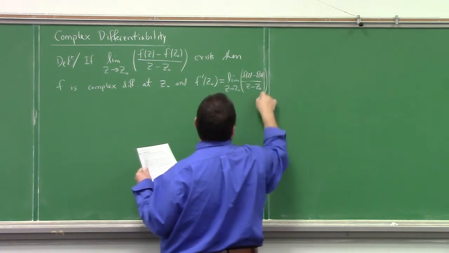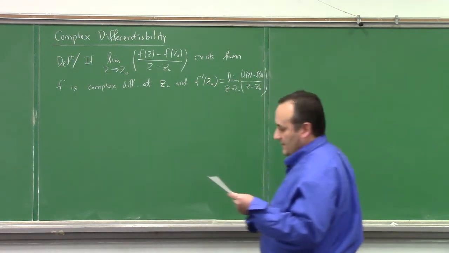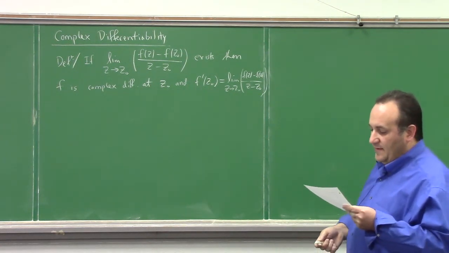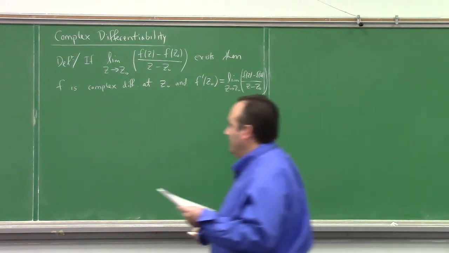I'm just writing the same again, but sorry, it got lost in the bump there. Furthermore, the mapping z maps to f prime of z is the complex derivative of f.